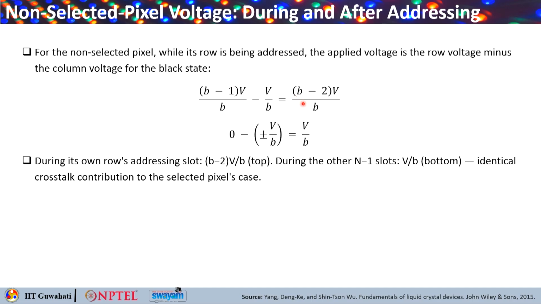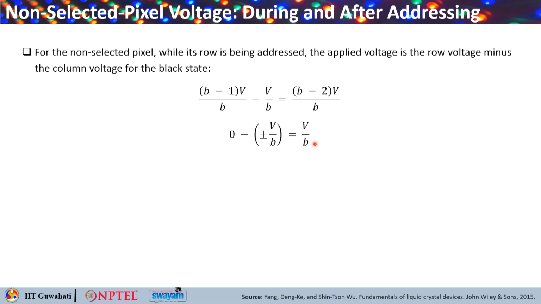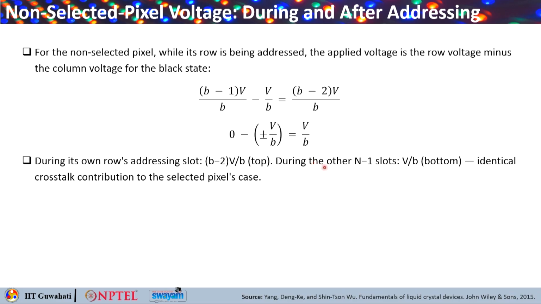For the other n minus 1 slots you are getting only V by B, because the row voltage for the non-addressing slots is 0. So you are getting the identical crosstalk contribution as the selected pixel's case that we discussed in the previous slide. In both cases the crosstalk is the same, V by B.